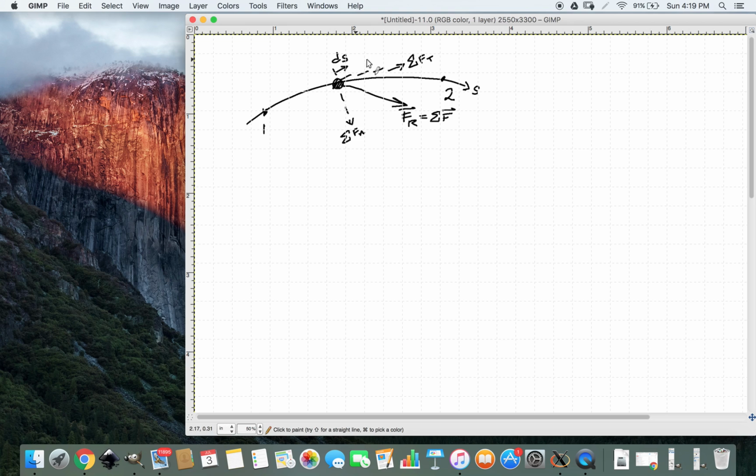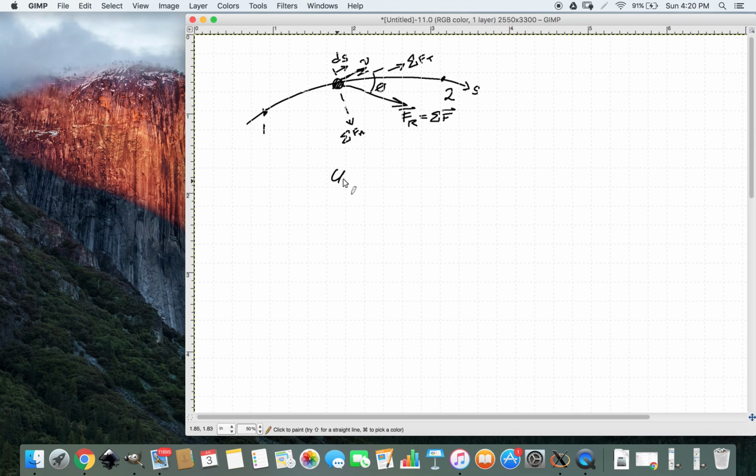So we know that our particle, as it moves along this path, has a velocity that is tangent to the path. So the particle's velocity here is given by v, and in general we don't know what its magnitude is, but we do know that it will be directed as shown. Okay, so this tangential component is a projection of the resultant force, and maybe that projection is dictated by this angle theta.